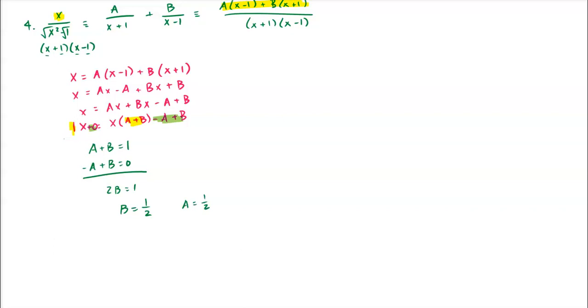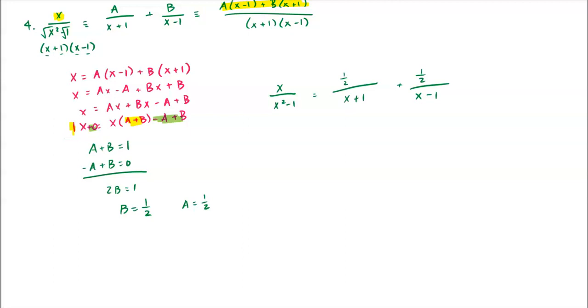Okay, so if I rewrite this, x over x squared minus 1 equals 1/2 over x plus 1 plus 1/2 over x minus 1. And then you get a compound fraction. But who wants a compound fraction for their final answer? Do you? Not me. You shouldn't.